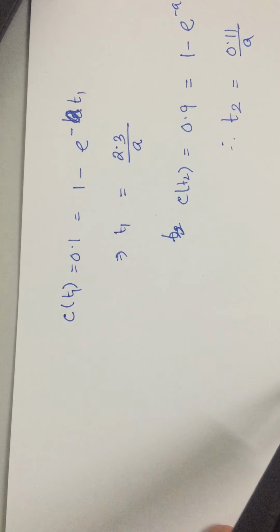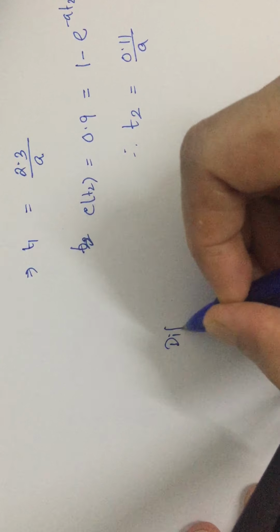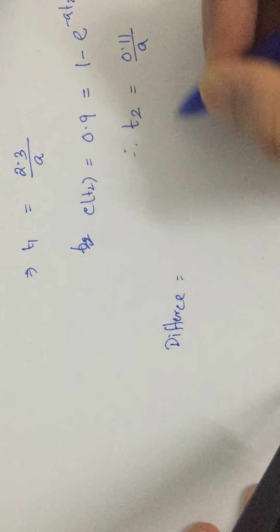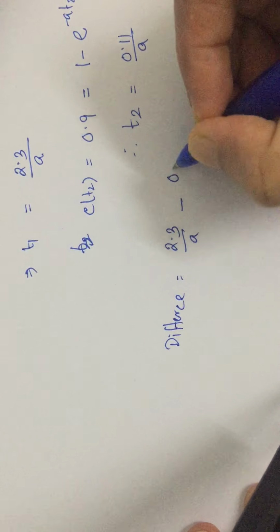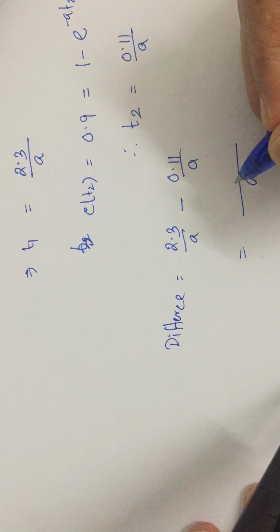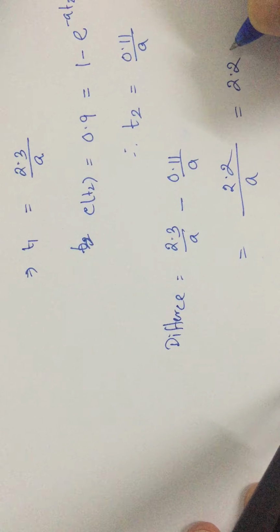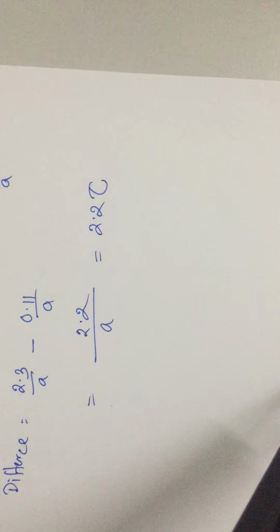Now you find the difference: 2.3 over a minus 0.11 over a, and we are getting 2.2 over a, which means 2.2 tau. It's the same thing, 2.2 a or 2.2 tau. So now you go back to the graph again.